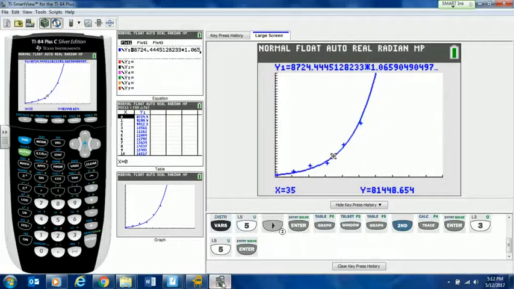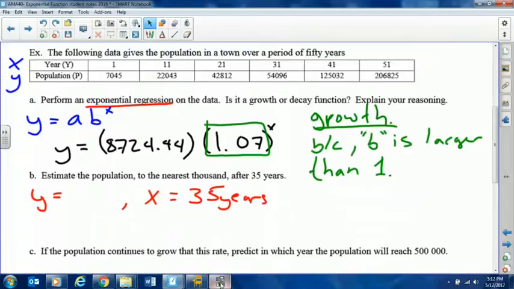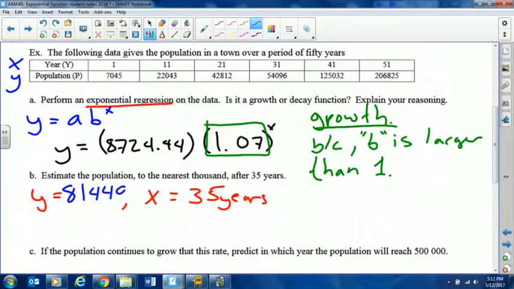Okay, so I'm going to go ahead and write that down and record it. So my answer is 81,449, which is really fantastic. It is more of a word problem, so in this case I need a word answer.